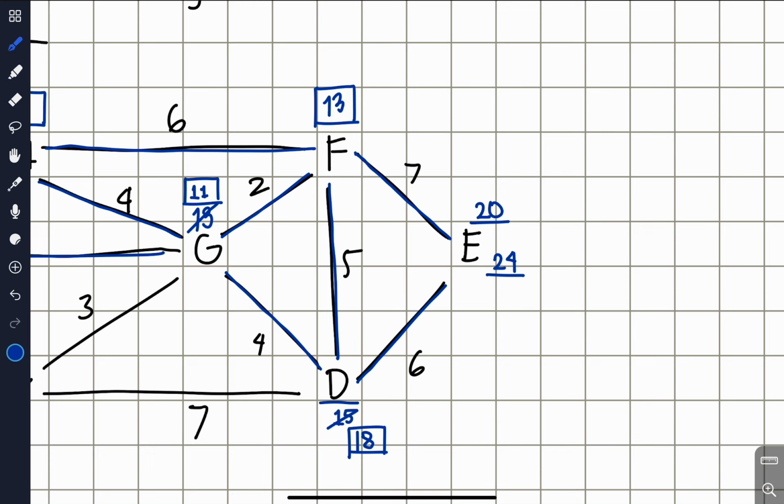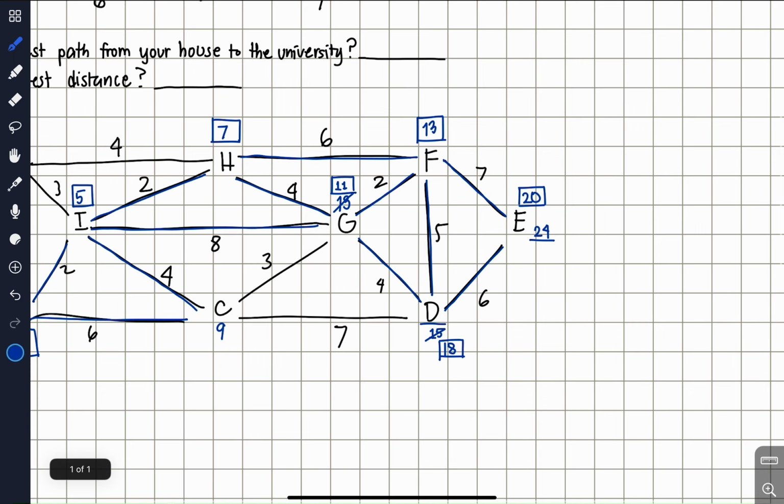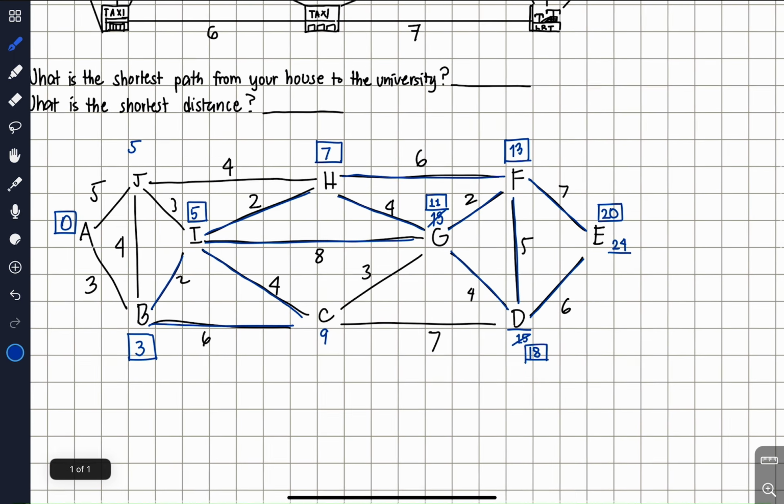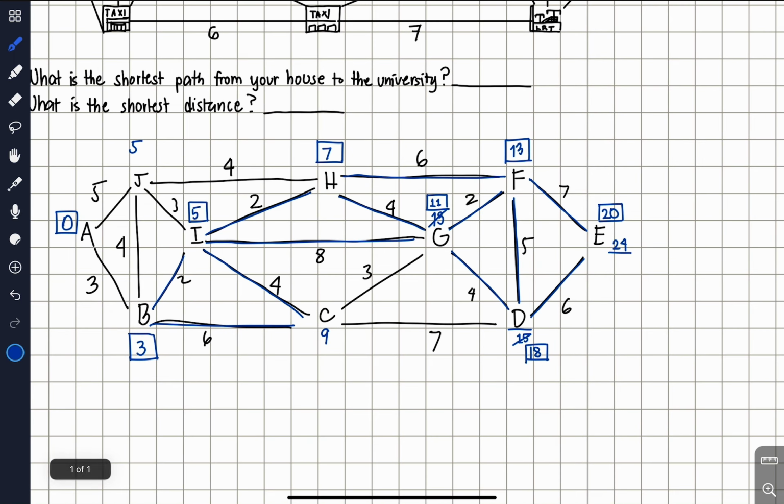So we'll consider 20 as the value. So we'll box that one. There we go. We can see that we've already come up with the shortest path from our house to the university.